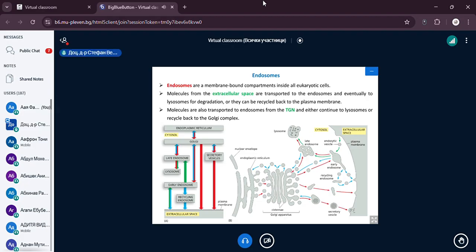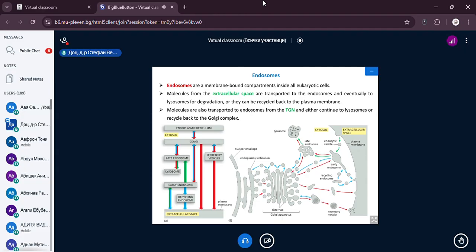So for the exam, the amount of information you present about each topic at the final exam defines the mark.